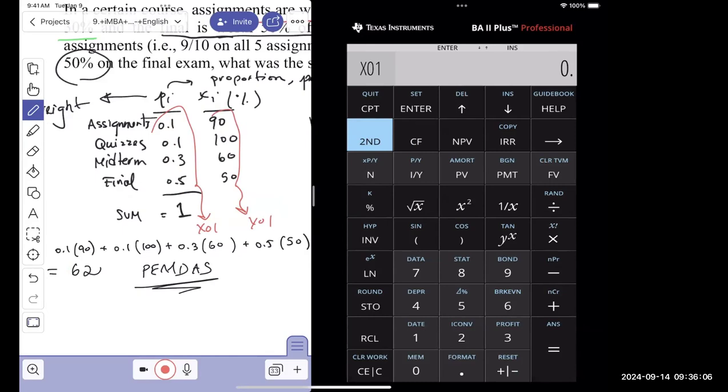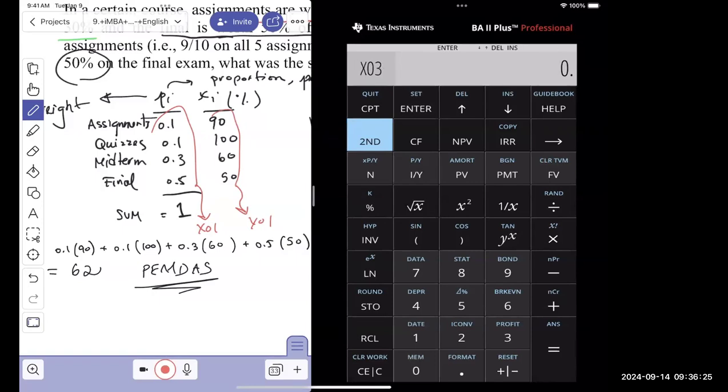So this is going to be 0.1, enter, and I scroll down and enter 90. So I enter in pairs. And then 0.1 goes into X2, enter down, and then I put in 100, enter down.